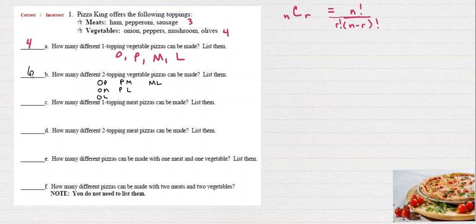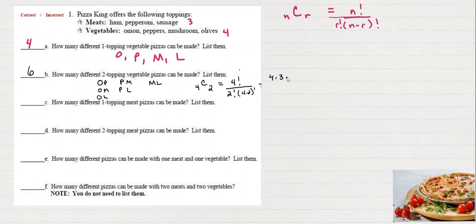But let's do this with the formula also. This would be a combination of 4 vegetables chosen 2 at a time. So that's going to be 4 factorial divided by 2 factorial times 4 minus 2, or 2 again, factorial.